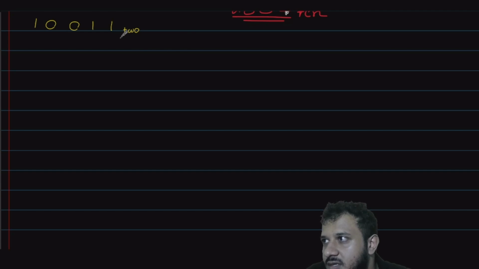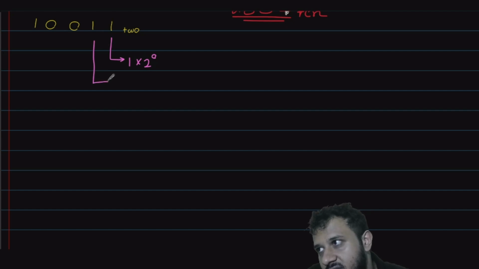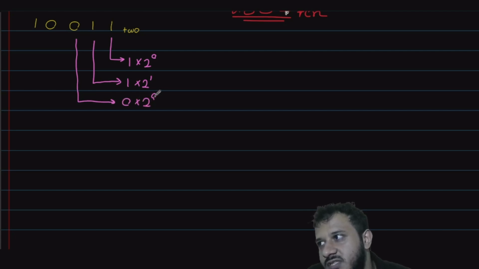Here we go. So remember Putaya, always the first digit is 2 to the power of 0. That means it's a 1. The next place value is 2 to the power of 1. The next place value is 2 to the power of 2, which is a 4.